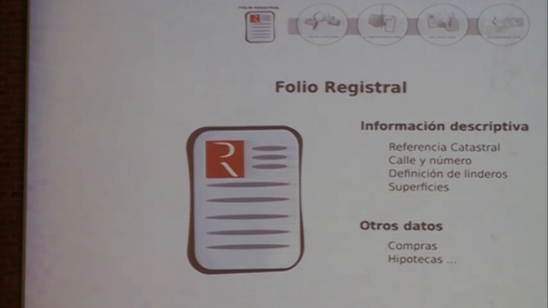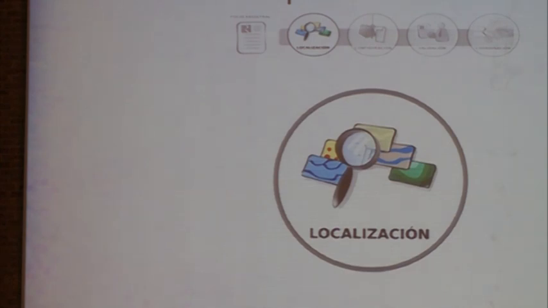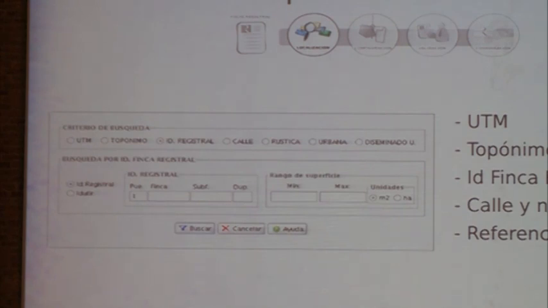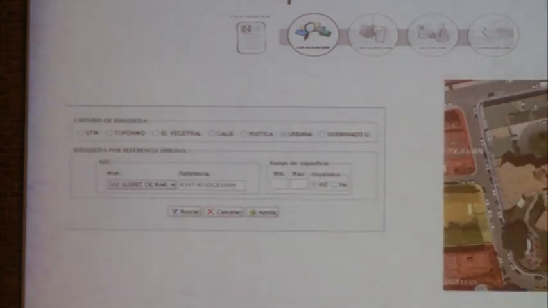Well, in the registry page, they can use the number, the surface, and other data which can help, which are purchases, also mortgages, and many other things. Here we have many tools which are tailored tools. This is the search panel, and here we can search by the identifier or the ID of this plot.